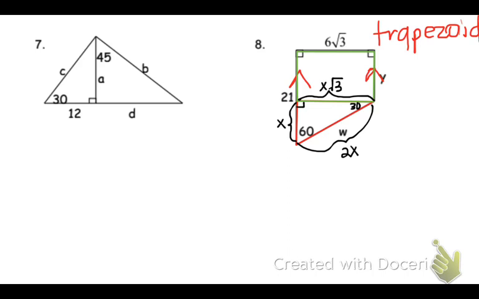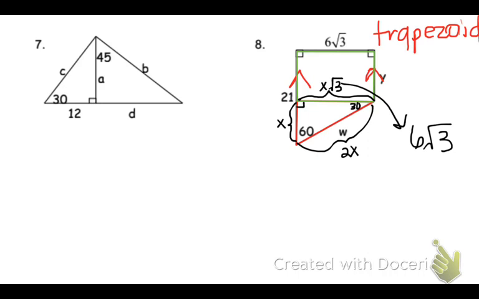So, where can we start on this one? Well, are there any of these 3 sides that we can figure out from the beginning? Yeah, sure. We know that this side right here is 6 root 3 from this to this. Well, in a rectangle, opposite sides are the same. So right here, the bottom green side of the rectangle, is also going to be 6 root 3. So that X root 3 in our pattern is 6 root 3.